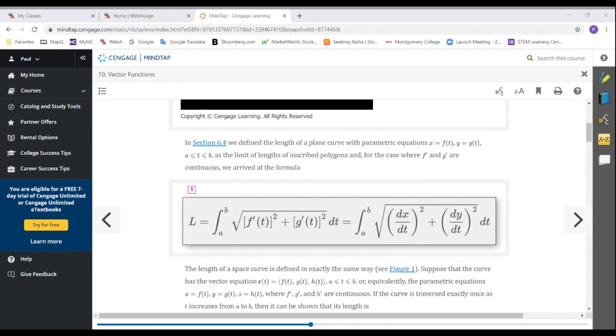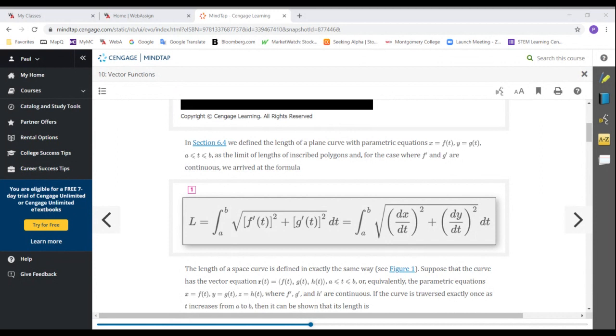What would we need to have a formula for three-dimensional space? What would we need to add here? A z component, an h of t. Very good.